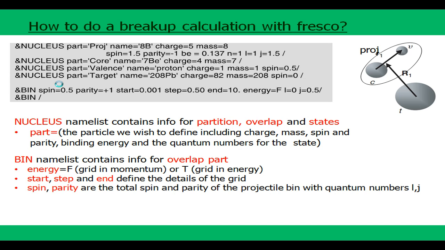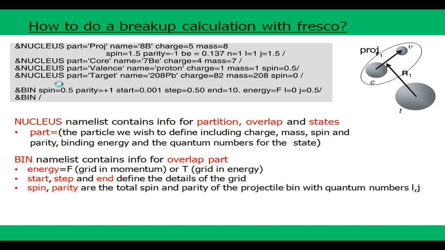So the ground state looks pretty much like a P3/2, and so that's what's introduced there. The core spin is not explicitly defined, but it is 0 because I haven't defined it, by default it is 0. The valence proton has spin 1/2, as I pointed out, this is included. And then there's a target, and the target spin 0.